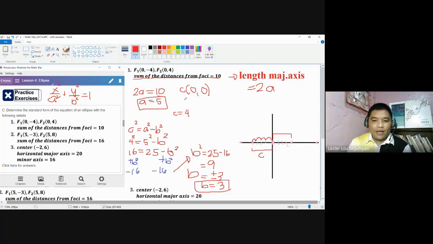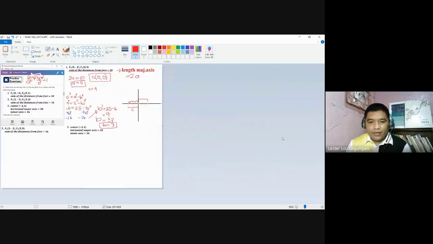Now this is your center and this is your a, so your equation will look like this. The form may be x minus h, the square of it, plus y minus k, the square of it. Let's increase our space a little bit.